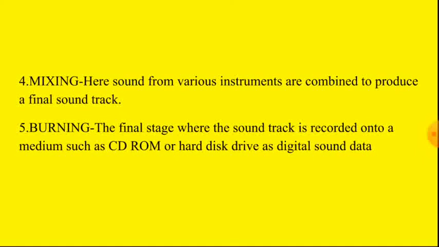Next is mixing. Here sound from various instruments is combined to produce a final soundtrack. Burning. The final stage where the soundtrack is recorded onto a medium such as CD-ROM or hard disk drive as digital sound data. These are the steps involved in digital sound.